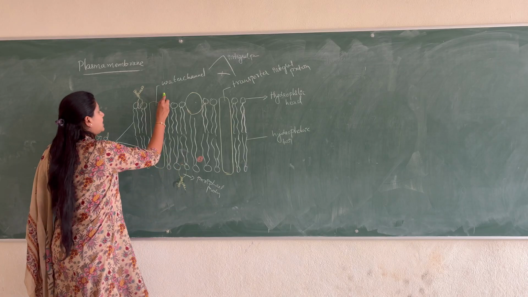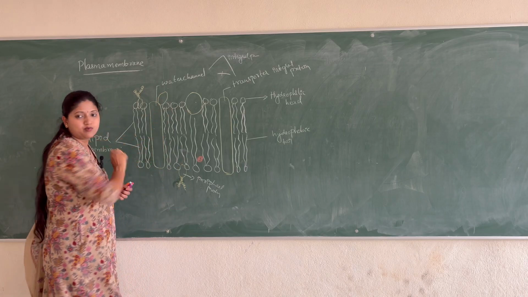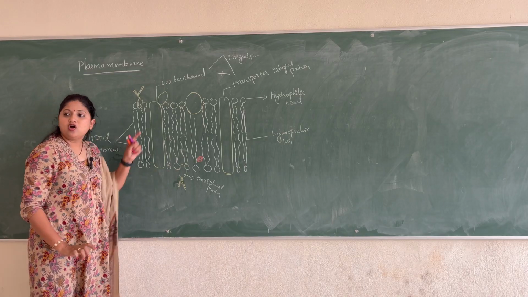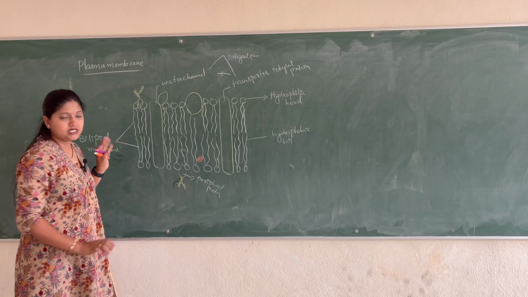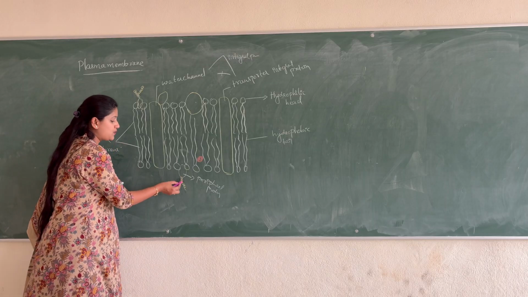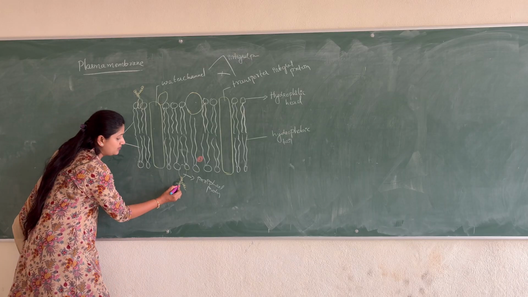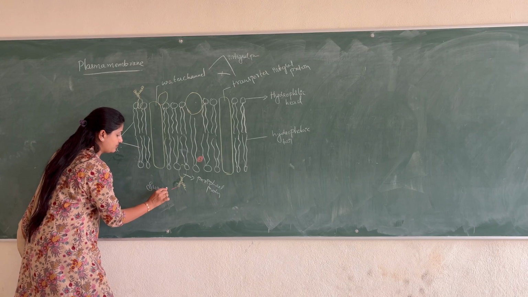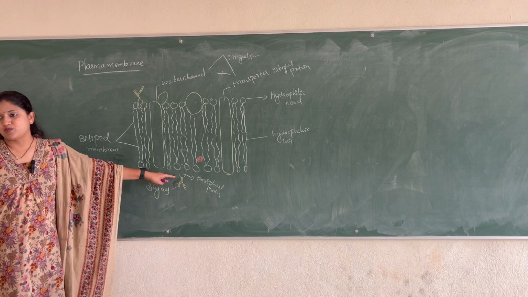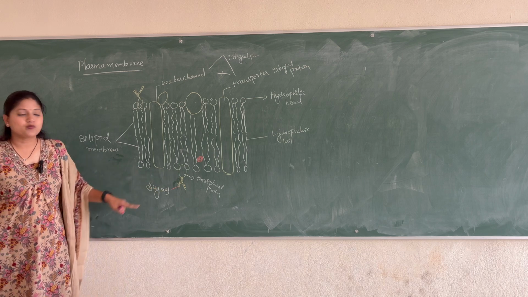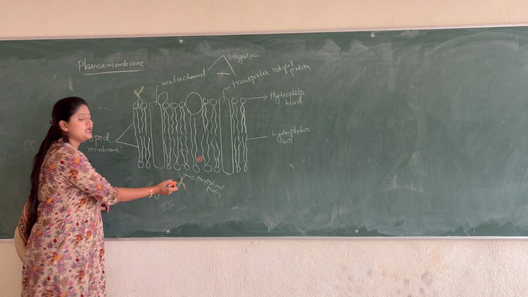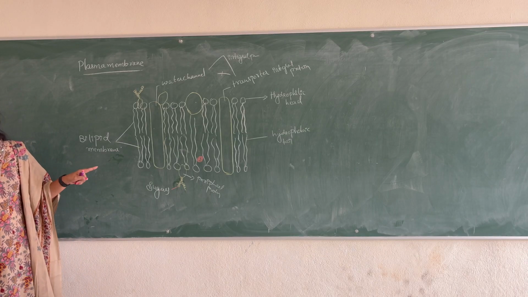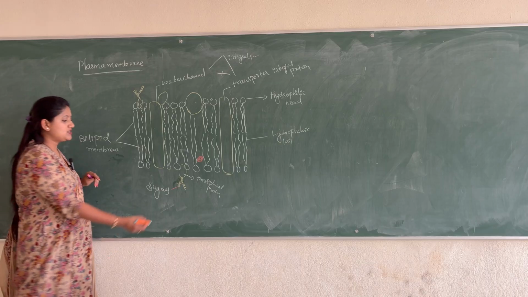Now to these proteins, there are sugars attached. This is a glycoprotein, because protein plus carbohydrate, or protein plus sugar, is a glycoprotein.